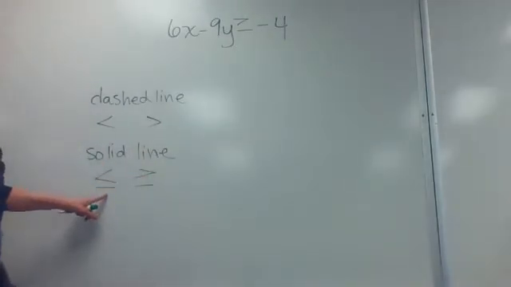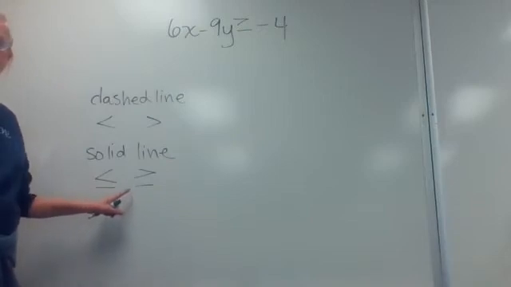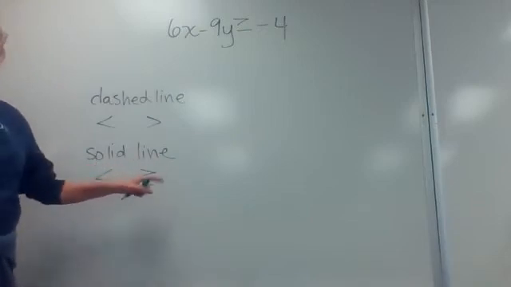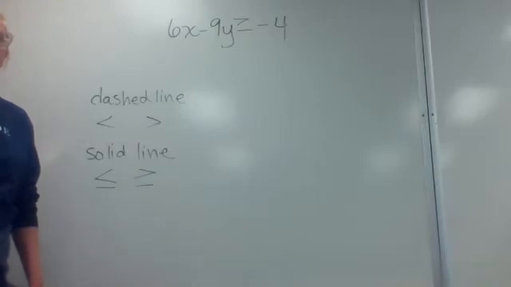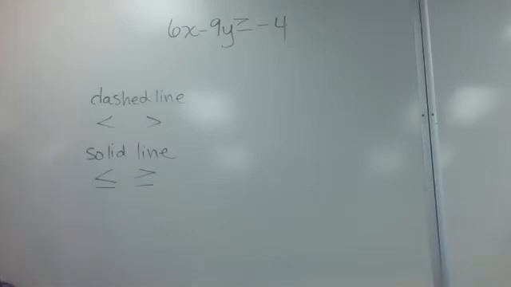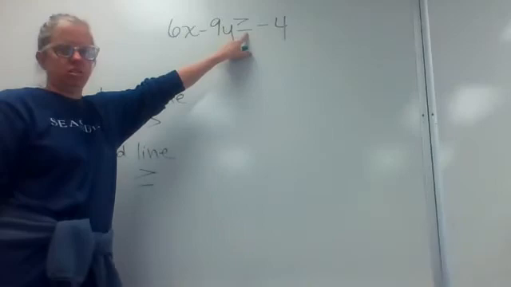So if it has these equal to bars, you are going to connect the points with a solid line, which means that's what I'm going to do with this one.